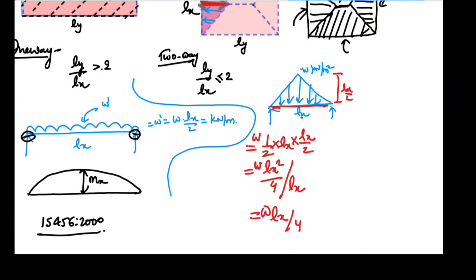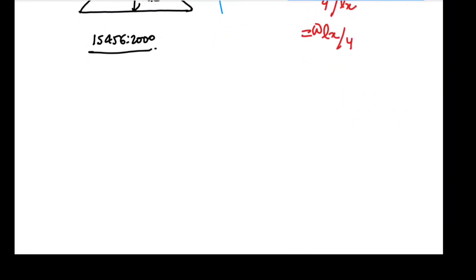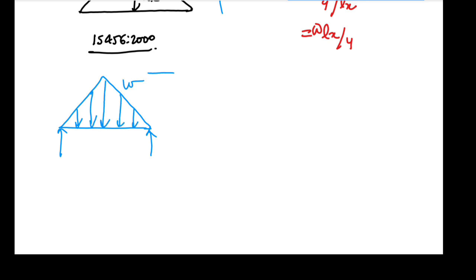Why? Let's see. We have this beam. What is actually happening is this is W per meter square, and the width of the slab considered is Lx by 2.